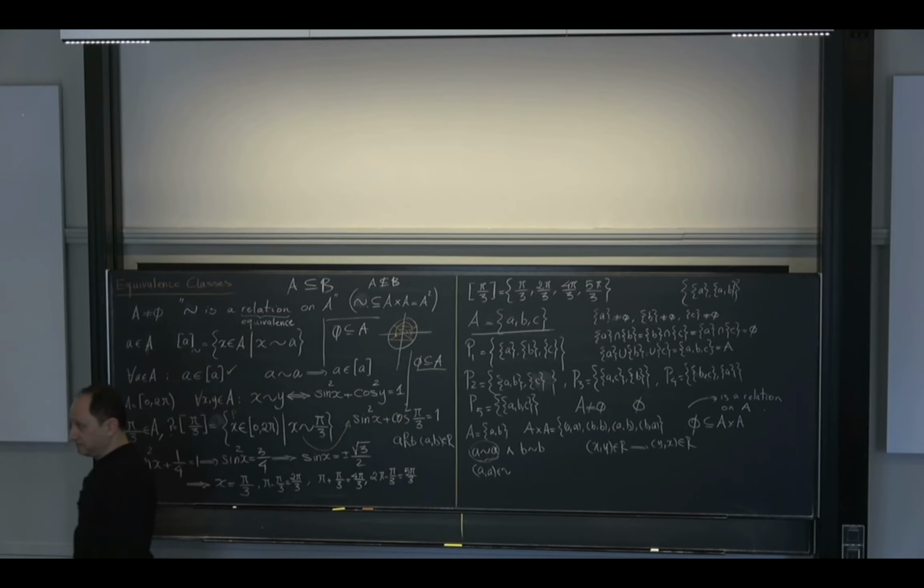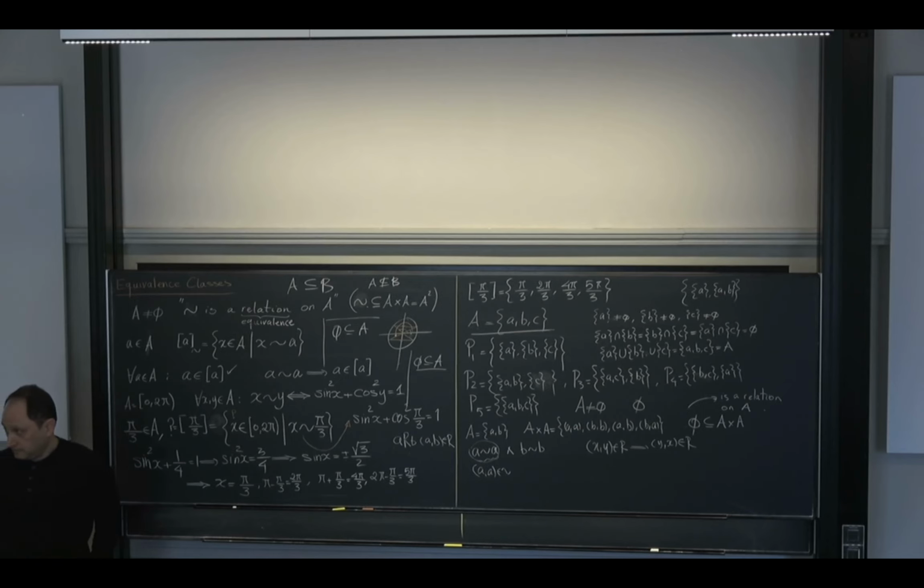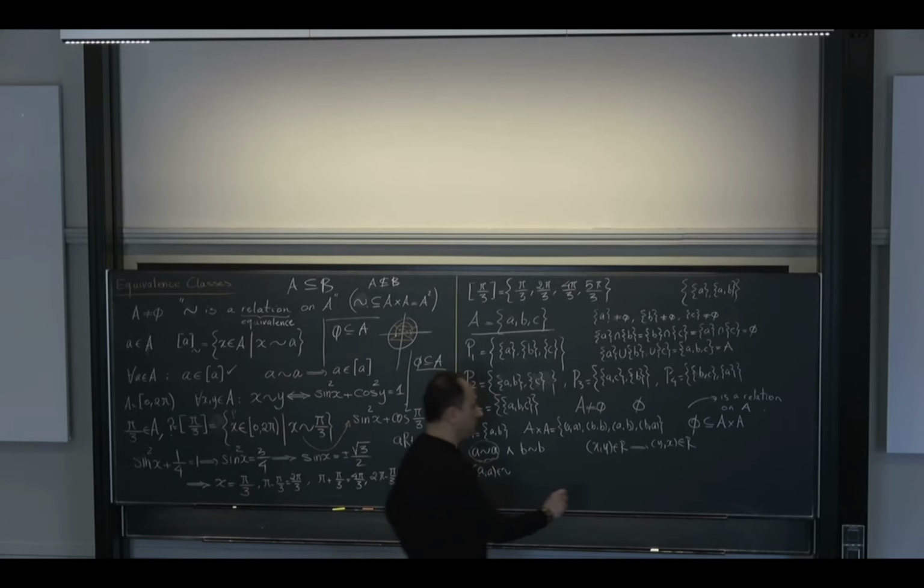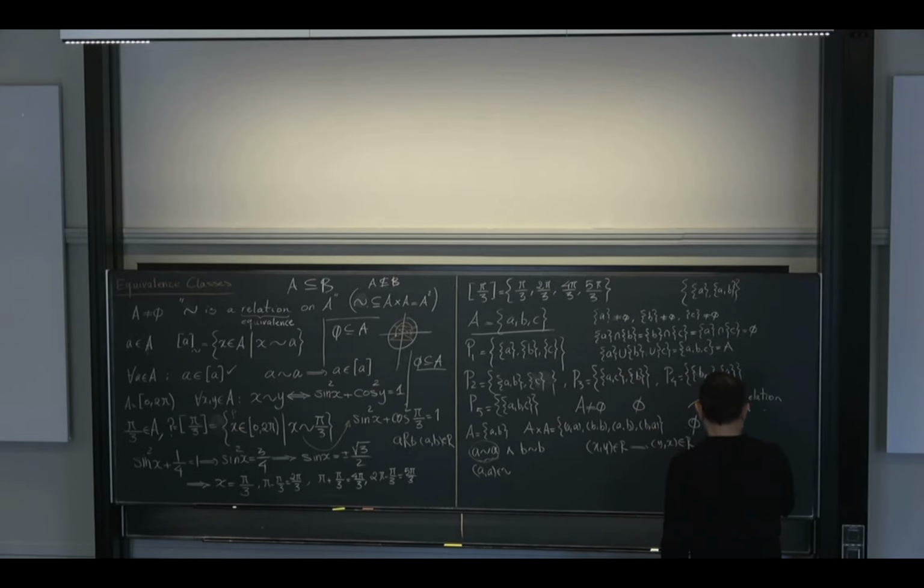But by the definition of equivalence relation, it says for every x and y belonging to A, there is no x and y belonging to empty. There's nothing in empty. This means for all x, p(x); the negation of this is that there exists an x such that not p(x).